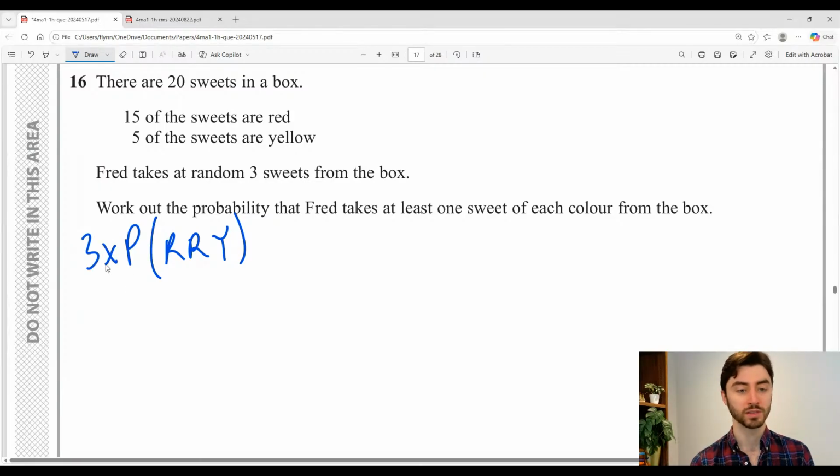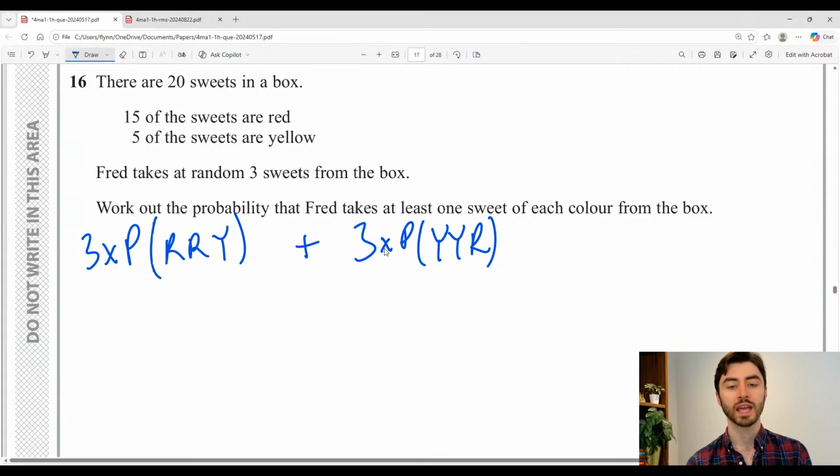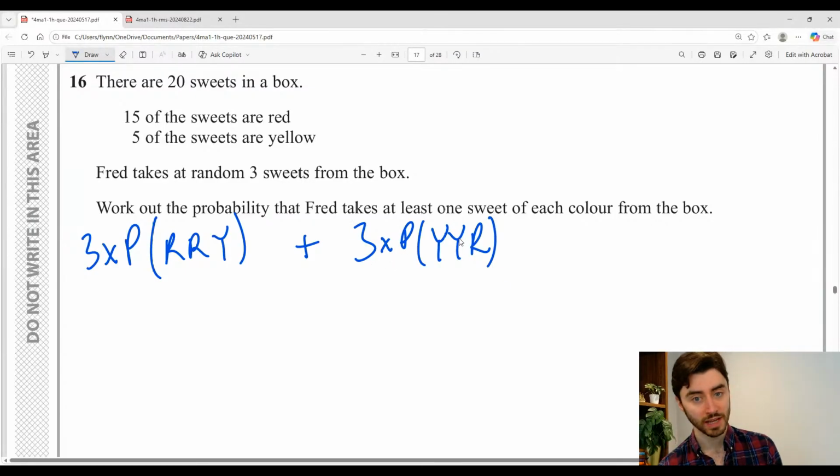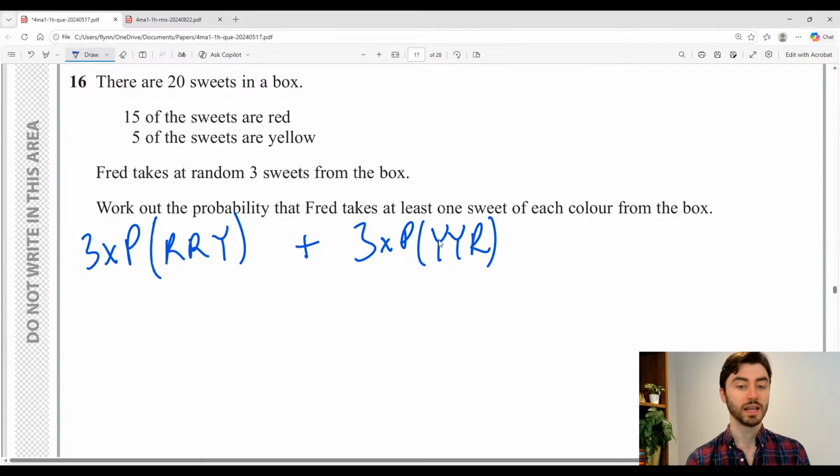So you would do 3 lots of that, or 3 lots of yellow, yellow, red. It might be complicated to remember to multiply by 3, because here, again, there's different combinations. There's yellow, yellow, red, red, yellow, red, yellow, yellow. So there's kind of 6 possible outcomes to include in here.